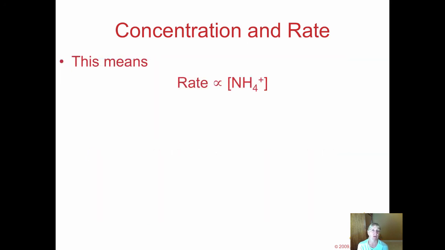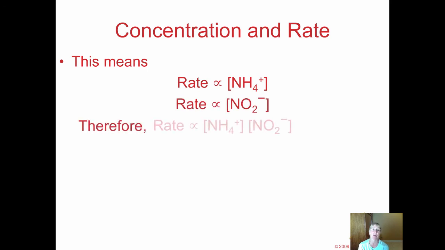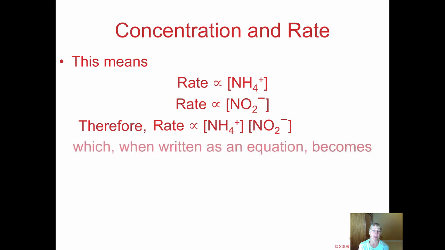The rate, therefore, is proportional to both the ammonium ion concentration as well as the nitrite ion concentration, and this can be rewritten into a law that we call the rate law. And it looks something like this.